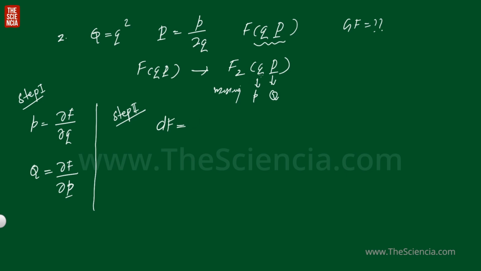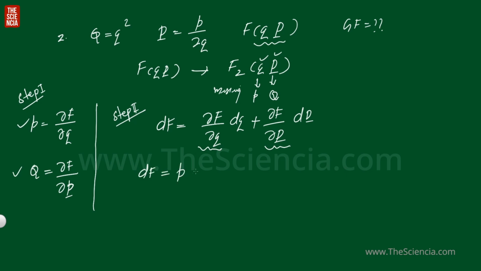We know f is a function of small q and capital P. So we get df is equal to dou f by dou q into dq plus dou f by dou capital P into dP. Now we replace these two by the equations we got in step 1. So we get df is equal to dou f by dou q, that is small p, into dq plus dou f by dou capital P, that is capital Q, into dP.